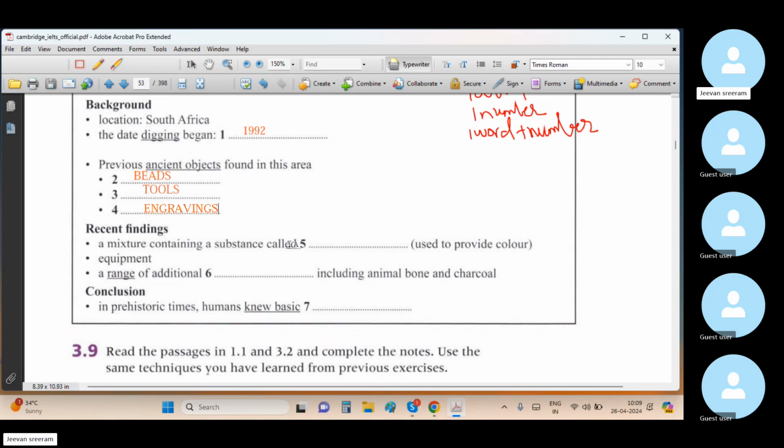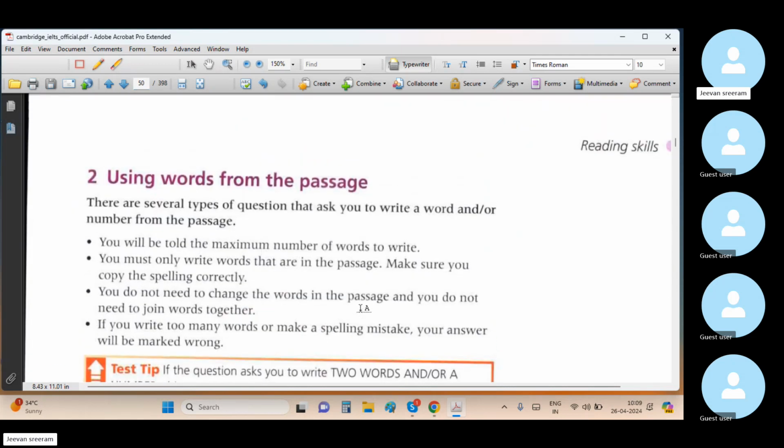Next, a mixture containing a substance called dash, used to provide color. What's that mixture? The whole passage is about it. Ochre. Right? An array of materials, a range of additional materials, including animal bone and charcoal. Recent findings. Material is the right word. Let's get back to the passage.